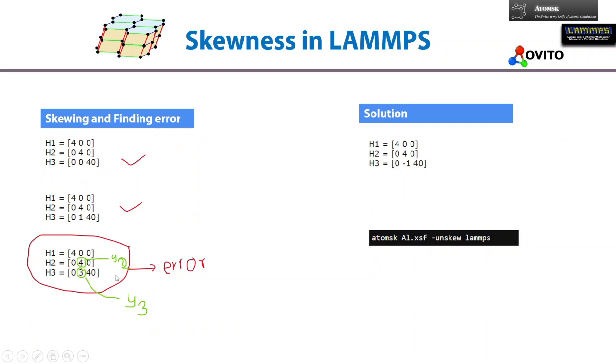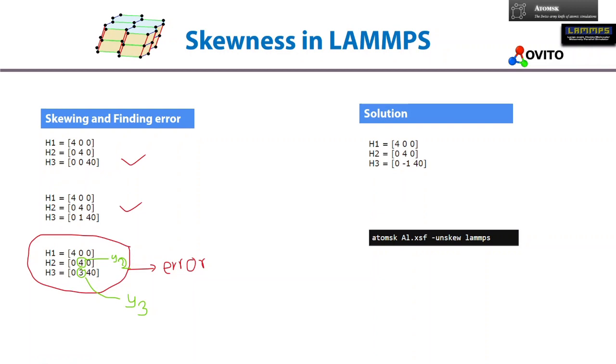The main reason is, you see that here I have marked this one as y2 and this one as y3. According to LAMMPS, the value of y3 needs to be within plus or minus 0.5 times y2.